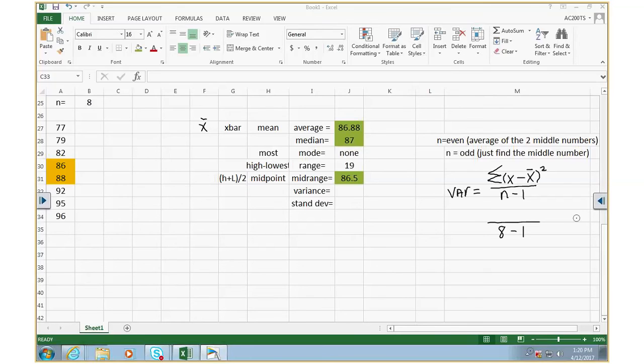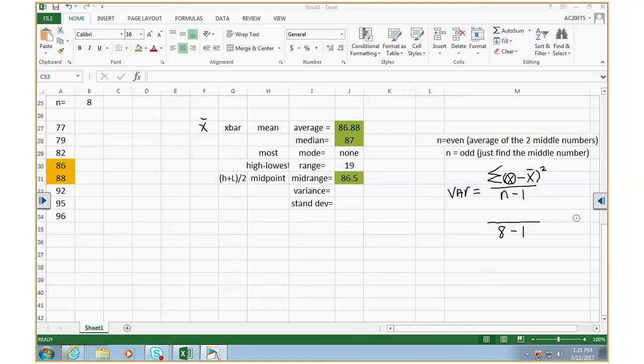Okay? You got the average, but you can't do the top yet because you got to do the top over here. This X right here is each one of those numbers, each one of your test grades. So good gracious, there's a lot. Yeah, we got to do each one. What do we got to do with each one of those X's? Subtract what? The average. We got to subtract the average.